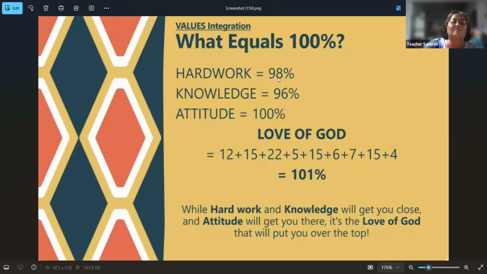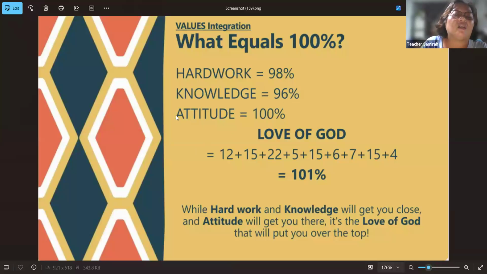Hard work is 98%, knowledge is 96%. If you add all the numbers of the letters, for example, A is number 1 in the alphabet, B is number 2, you will see that hard work is only 98% and knowledge consists only of 96%.